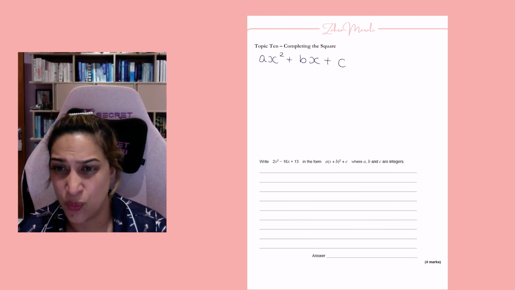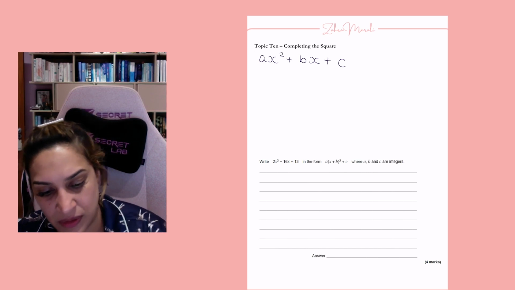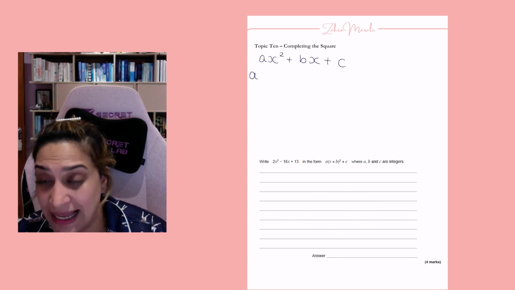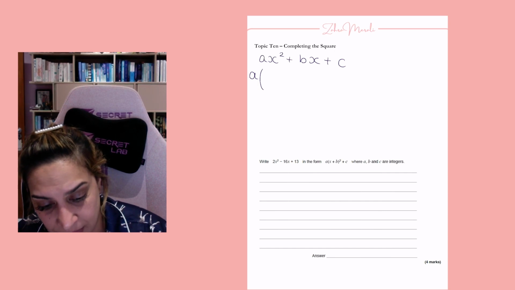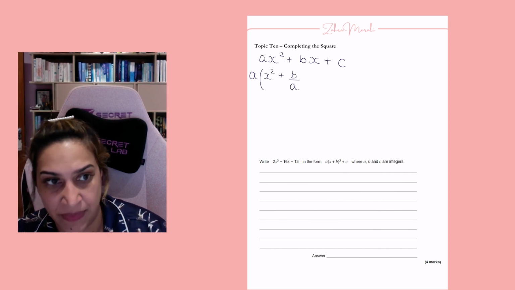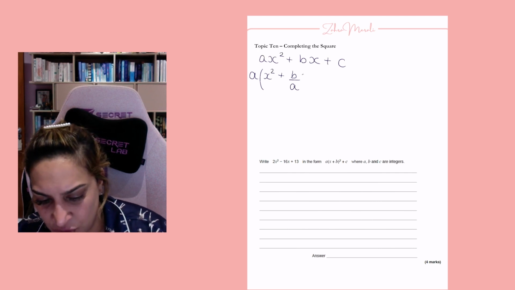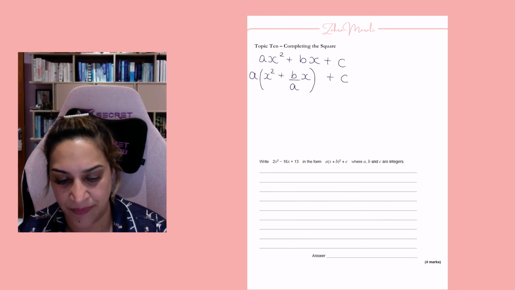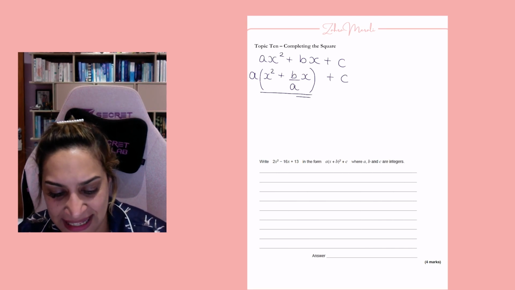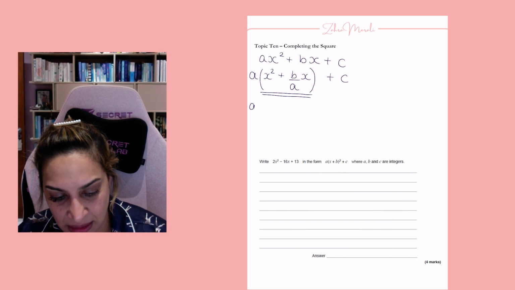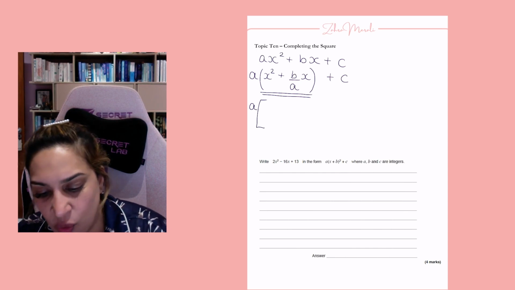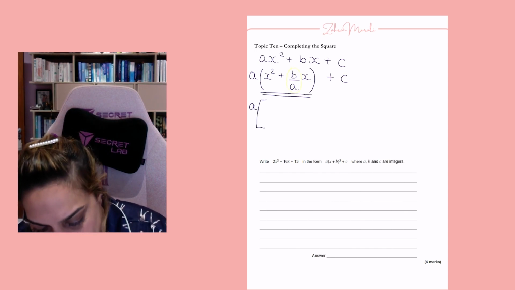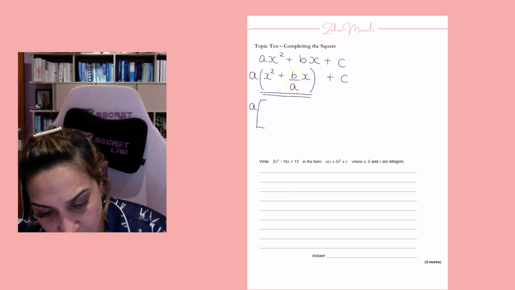Step 1, we want the x squared on its own. So we're going to take the a outside of a bracket, and that one's going to be divided by a. But I'm not going to take everything, just that bit there, and I want to complete the square for that bit. Which means I take whatever's in front of the x and I half it.